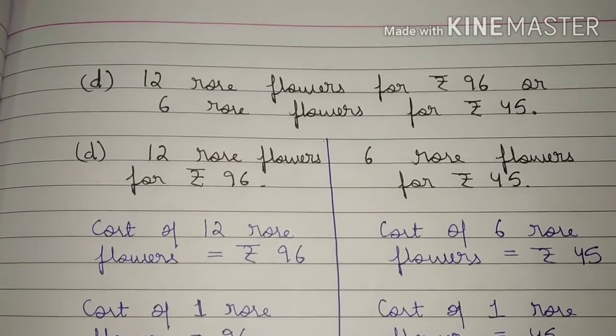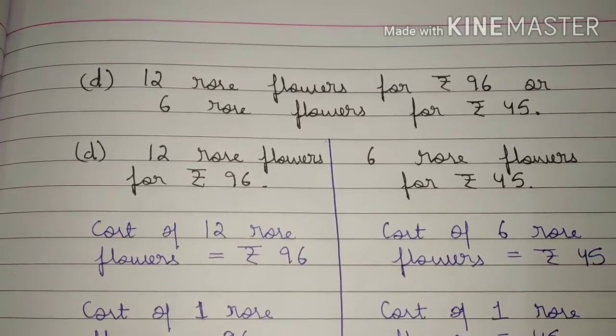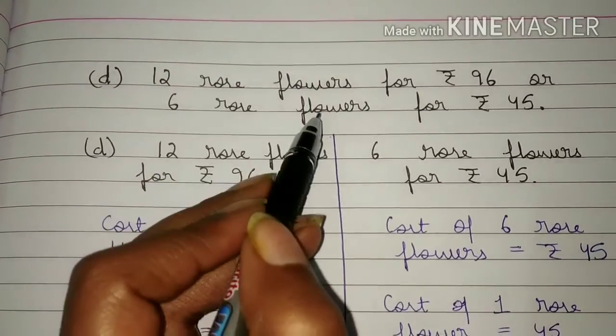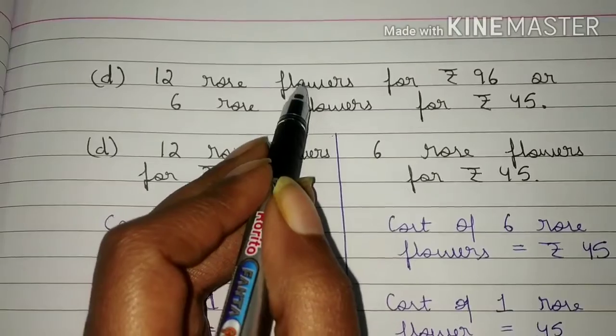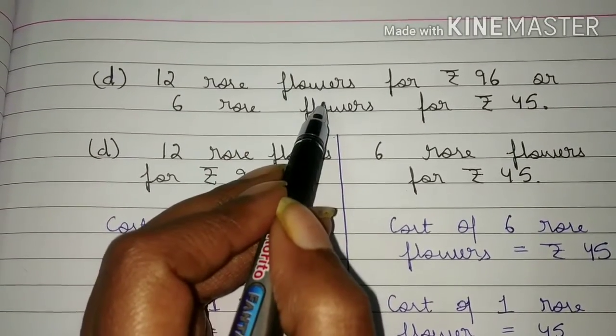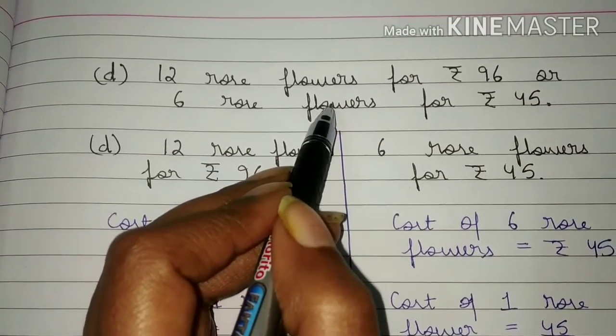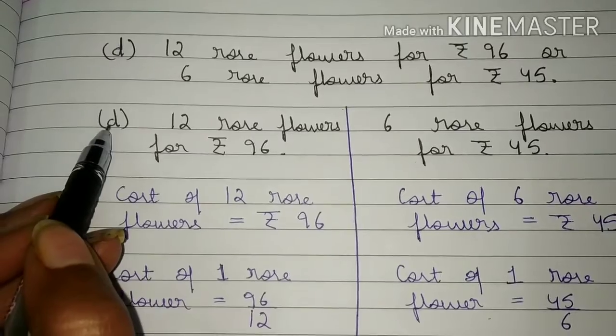First of all, we will find out the cost of one rose flower in both the deals, and after that we will compare these two deals and then we will select which one is a better deal. Now come to solution.